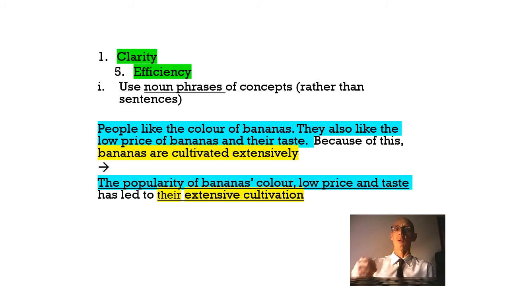So, why don't we turn "like" into a noun? Popularity. So the popularity of bananas' colour, low price and taste. Bananas should actually have a plural possessive, that's good. Instead of "people like the colour of bananas, they also like the low price of bananas and their taste."